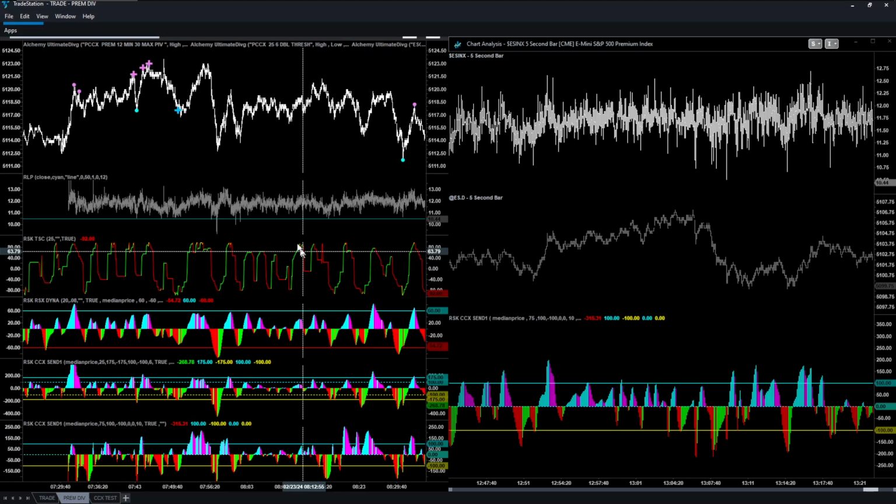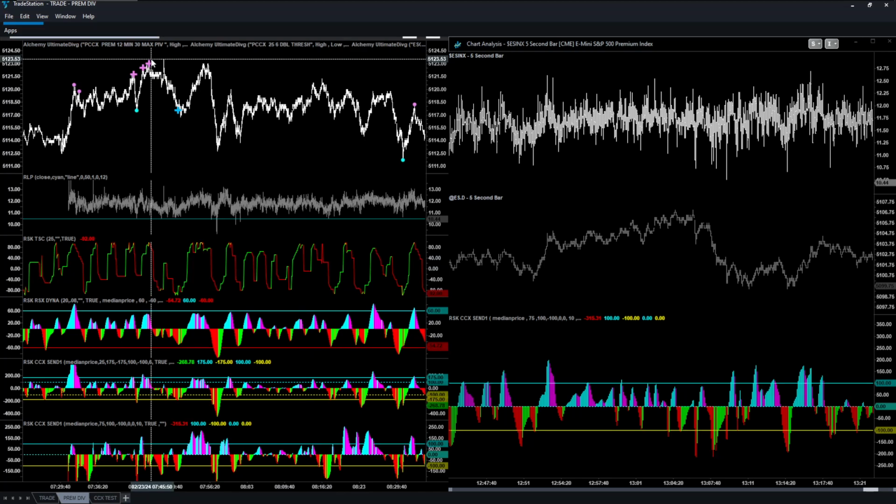Comparing that to what we have on the chart here, these signals are coming from the CCX in subgraph 5 and are based upon the activity that's taking place in data 1.